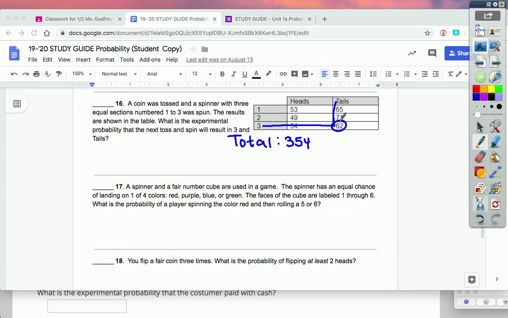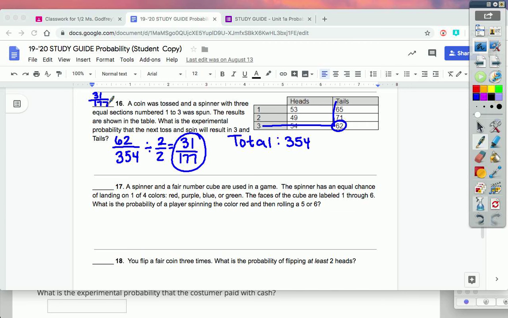So that will give us 62 over 354. This can be reduced using 2, which will give us a probability of 31 out of 177. Any questions here? Okay, on to the next one.